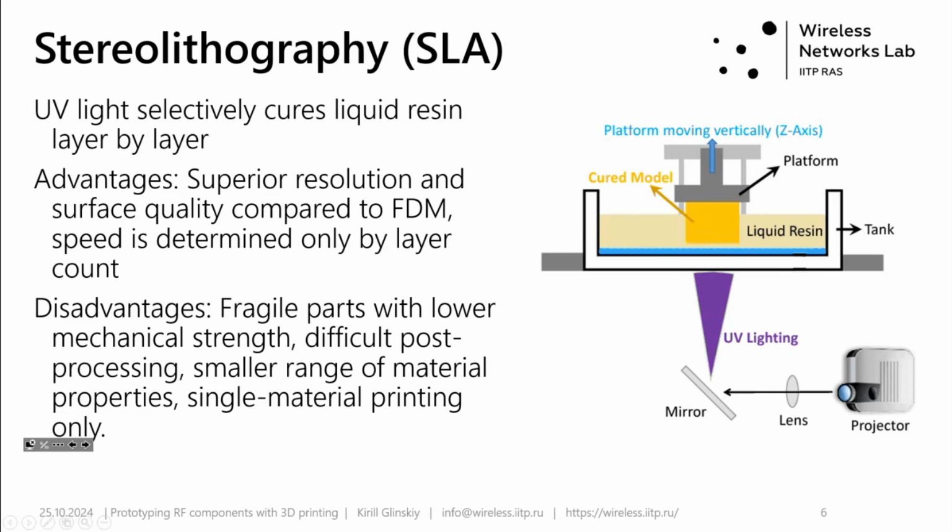And as the object is removed from the vat, it's still covered with non-cured, still liquid resin, and it first needs to be washed off, and then we're faced with a detail which is only half covered in sort of semi-liquid resin, where it has not been fully exposed due to the non-ideality of the light source, the non-ideality of the resin itself, and it needs to be post-processed, generally by washing it in an ultrasonic bath and then curing it with some sort of larger scale UV light, so all around.